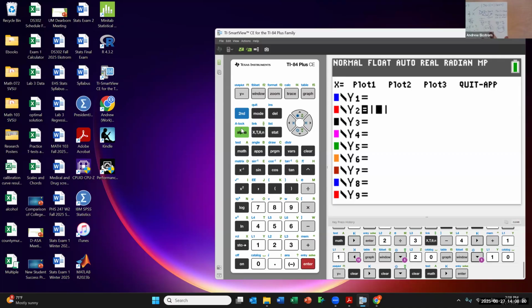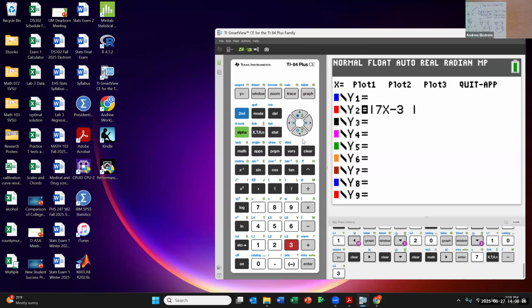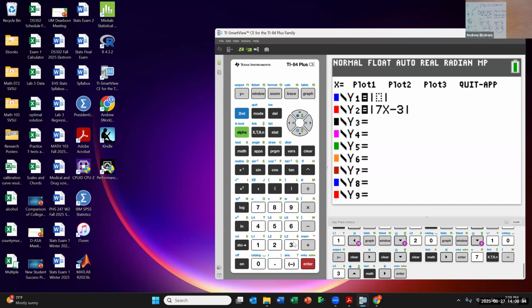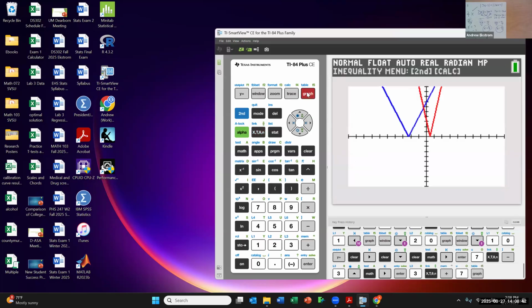And on one side, we've got absolute value of 7x minus 3. And then up here, we can have the absolute value of 3x plus 7. Let's graph these and see what happens.